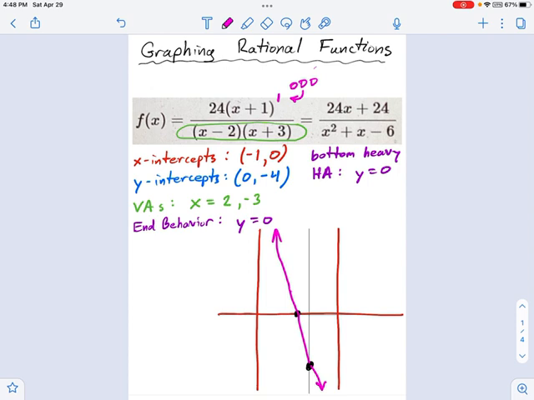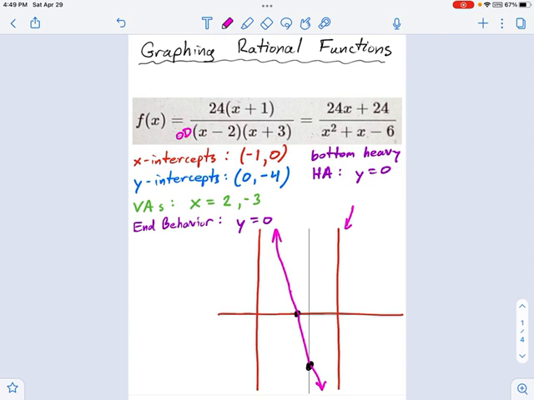I find these points are really helpful in dictating the rest of the behavior. Now, as you go over into this section right here, the question is, what's happening there? I have no idea because there's no intercepts to guide me, but I do know something about this asymptote right here. Let me clear some space. That asymptote is at x equals 2. That comes from this factor right here. And if you notice, that factor is also odd. It has an exponent of 1.